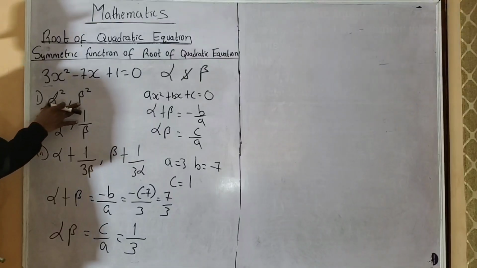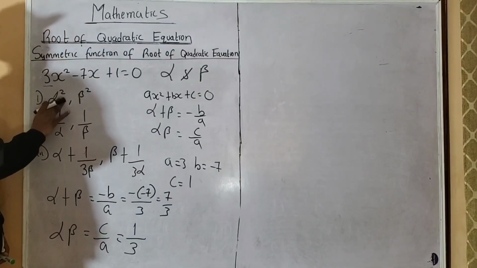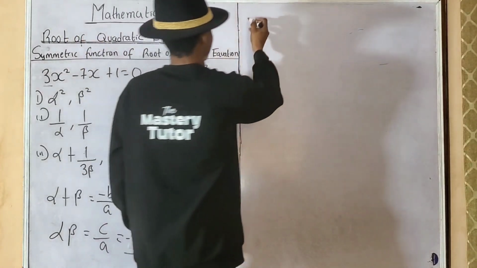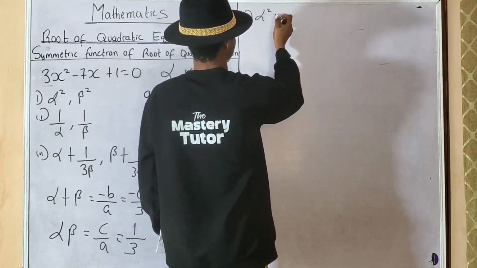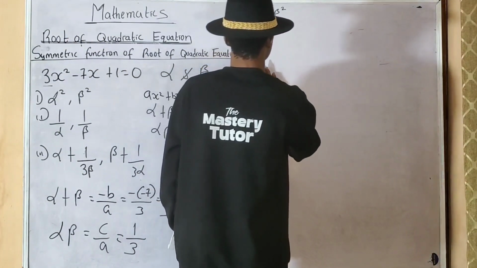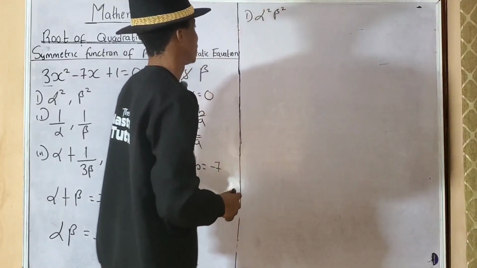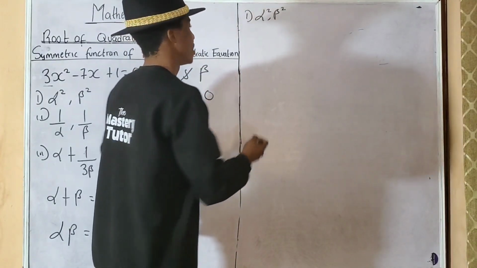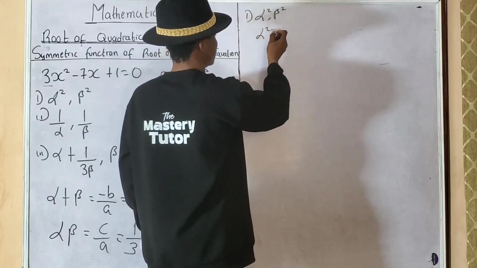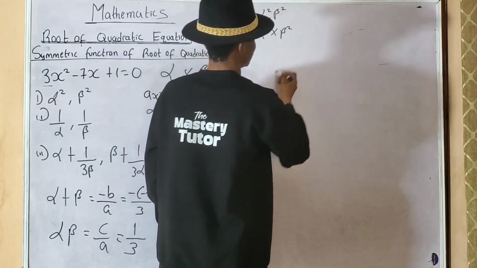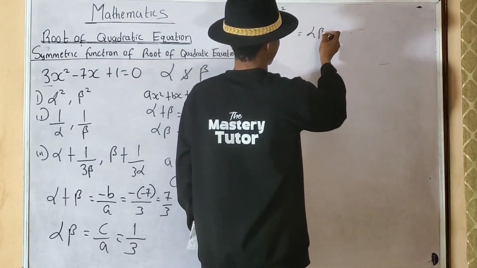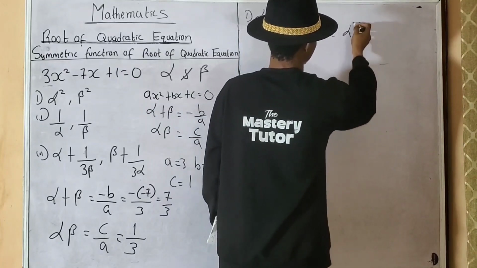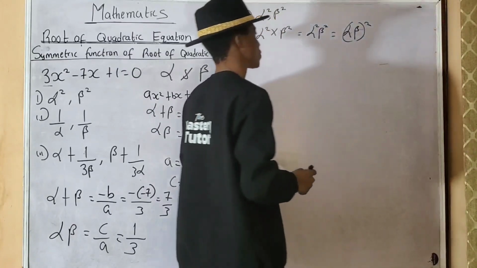Okay, having gotten the sum and the product, let's go back to the question. Our goal is to find the equation whose roots are alpha squared and beta squared. Now, let us first take the product of these roots. The product will be alpha squared multiplied by beta squared, which can be written as alpha beta squared.